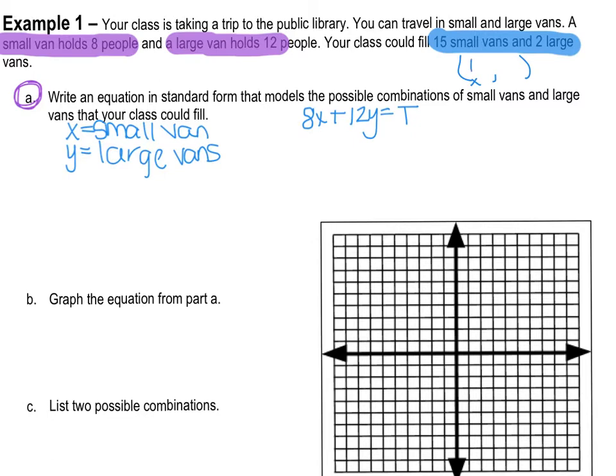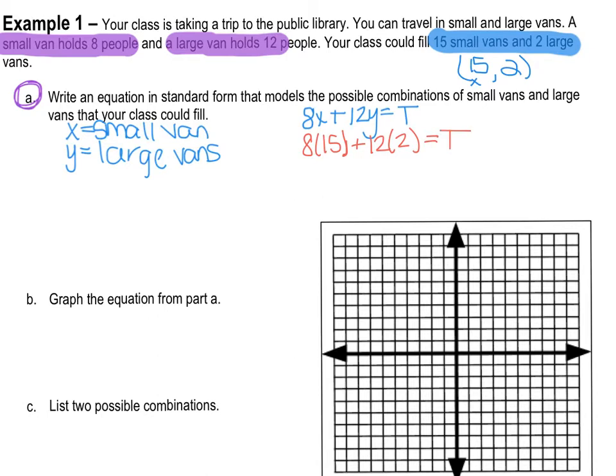So I have 15 small vans, and that leaves 2 large vans for your y. So what I'm going to do is use that ordered pair and plug it into this equation I just wrote. So I have 8 times 15 plus 12 times 2 equals T, the total number of people I have in class.